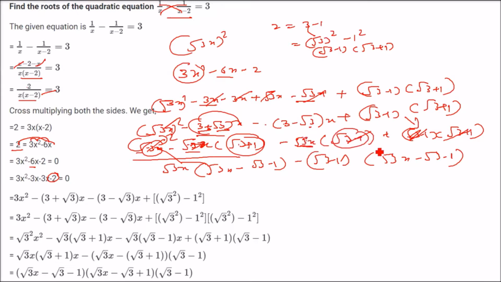I get root 3x minus root 3 minus 1. So I can take these two common. So this will be root 3x minus root 3 minus 1. And what will be inside? Root 3x. This is negative, so it will become positive. Plus root 3, minus is root 3 and this will be plus 1.